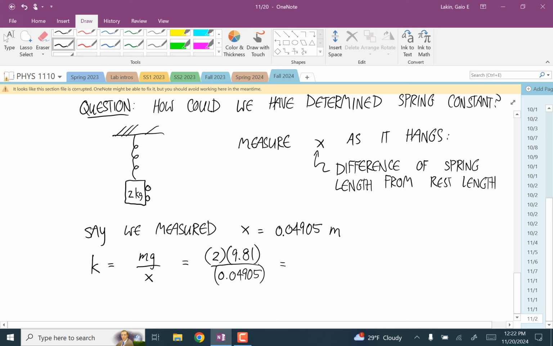And we get a K value of 400. So you can imagine the way this works, if that spring is not very stiff, it's going to stretch more due to the same amount of weight. If the spring is really stiff, it's not going to stretch very much for that same amount of weight. And so this is how that stiffness is measured.